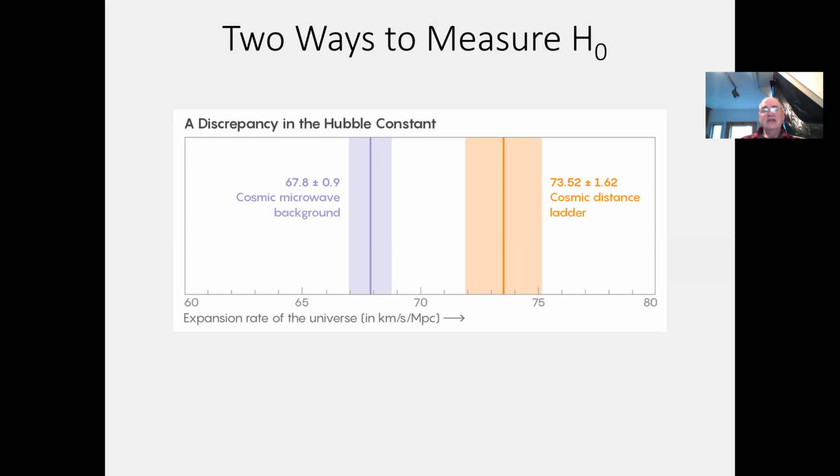Okay. Problem is, there's another way to calculate this number, and that's using, you guessed it, what a surprise, the cosmic microwave background. By analyzing the cosmic microwave background, and again, through the theory, through the model, knowing about the influence of dark energy and the changing expansion, we can calculate what the Hubble constant should be now.